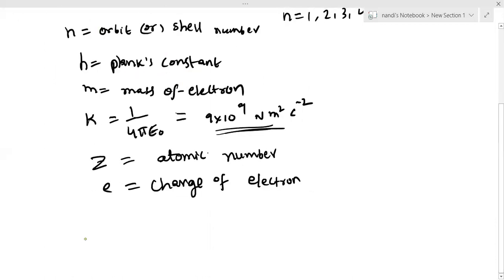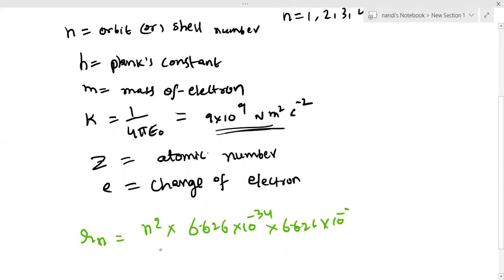I'm writing here Rn for the first shell. You can keep Rn directly. So n square, you can keep the H value 6.626 into 10 power minus 34, squared, by 4, pi value is 3.14 into 3.14.